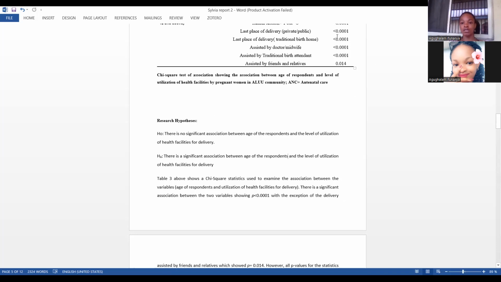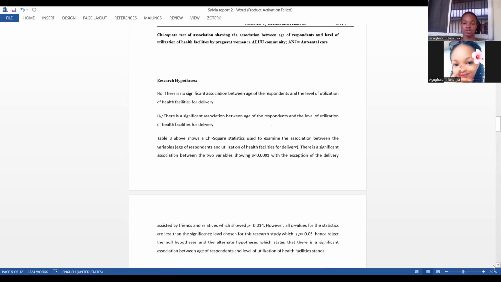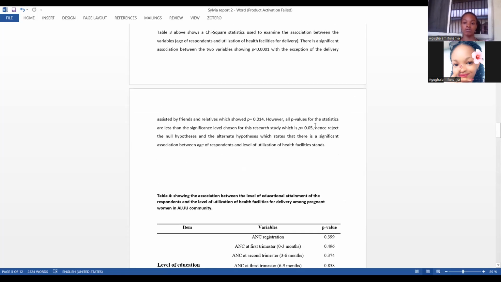So since everything here is less than 0.05, we say that all p-values for the statistics are less than the significance level chosen for this research study, 0.05. Hence, we reject the null hypothesis and the alternate hypothesis, which states that there is a significant association between age of respondents and level of utilization of health facilities, stands. So that is simply it for hypothesis testing.